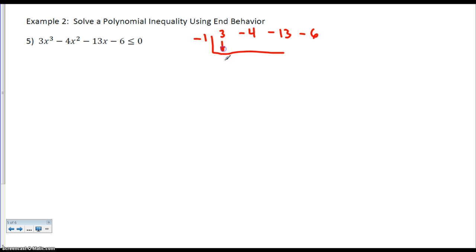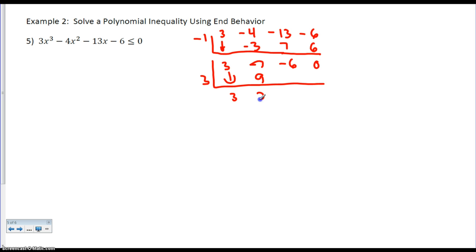So I have 3, -3, -7, +7, -6, +6, and 0. And then when I looked at my graph also, I saw a 0 at 3. So I have 3, 9, -7 plus 9 is 2, +6, and 0.